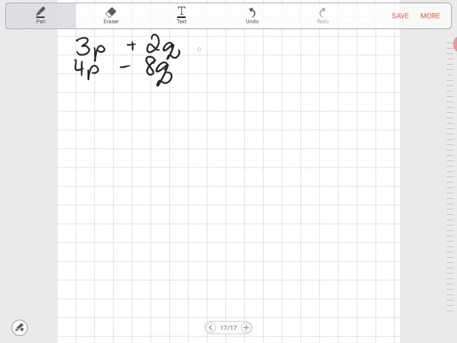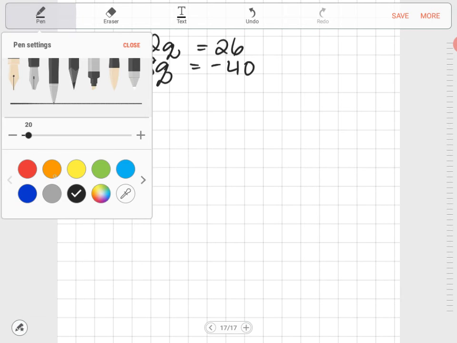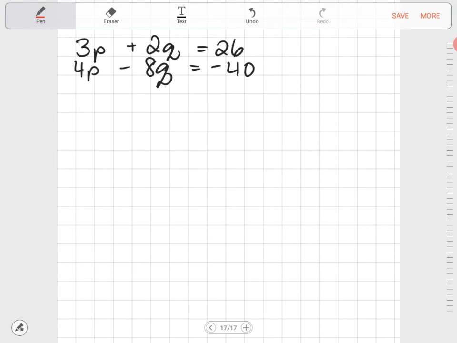So 3p plus 2q is equal to 26, and 4p minus 8q is equal to negative 40. Okay, what I am going to do is decide what variables I want to get rid of. So I could choose p if I wanted to, or I could choose q. In this case, I'm going to choose q because I only have to multiply that top one by 4. So let's rewrite that top one, all multiplied by 4.